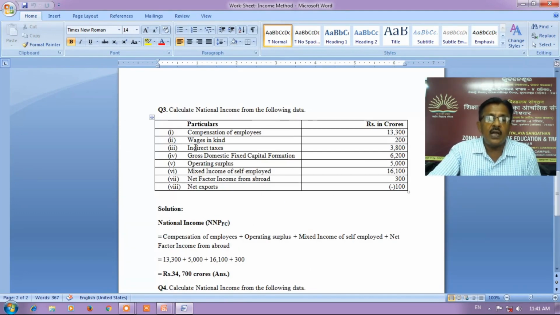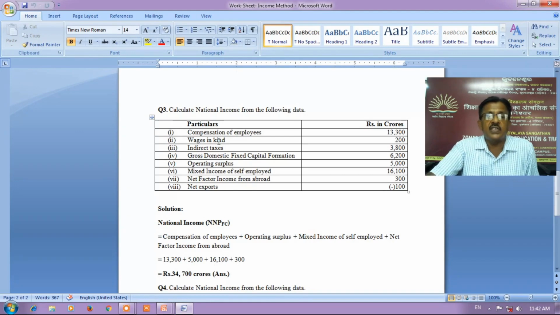I already told you to first locate the factor income, that is compensation of employees, operating surplus, mixed income of the self-employed, plus net factor income from abroad. It is given directly here: compensation of employees 13,300, operating surplus 5,000, mixed income of the self-employed 16,100, and net factor income from abroad 300.